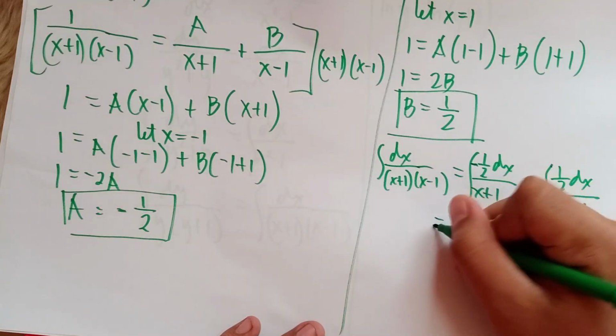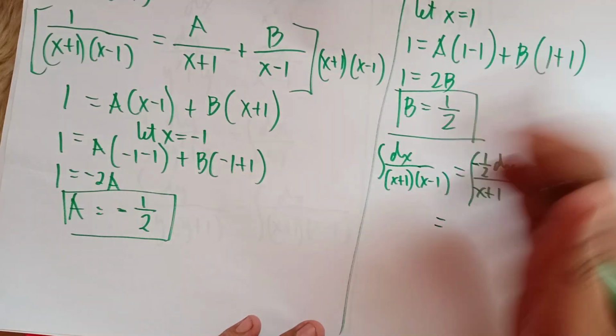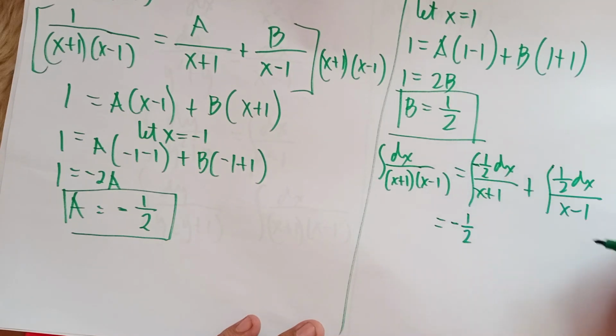Okay, so this is equal to, so let's take out the constant, negative 1 half.